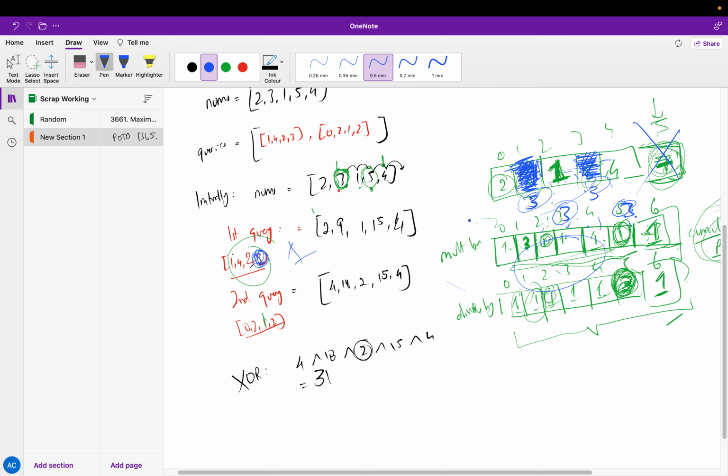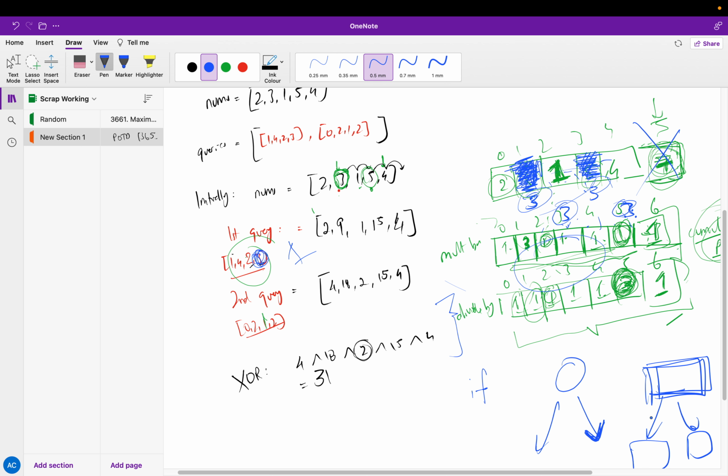So what is my other option? If I try to build a tree, normally segment trees hold contiguous blocks, each node represents a contiguous block of the array as opposed to little chunks of it.